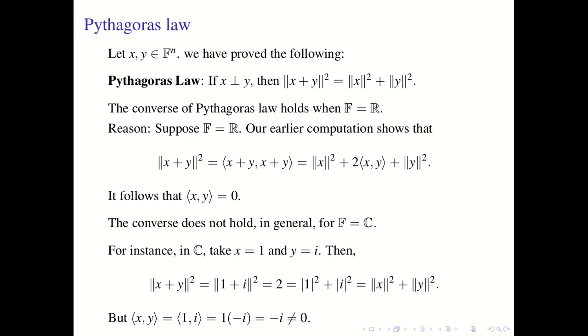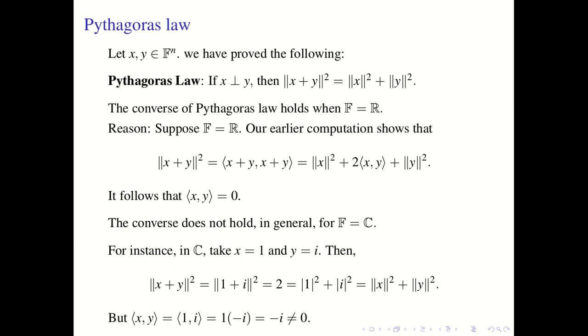The converse of Pythagoras law holds when F is equal to R, that is, if the vectors are in Rn. If you take x and y to be vectors in Rn, then norm x plus y square is equal to inner product x plus y with itself, which is equal to norm x square plus inner product xy plus inner product yx plus norm y square.